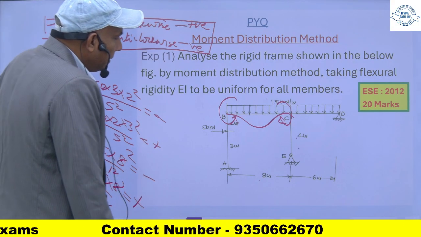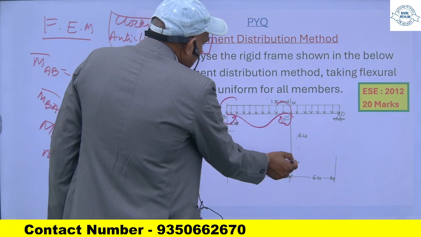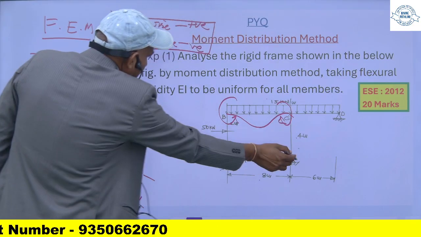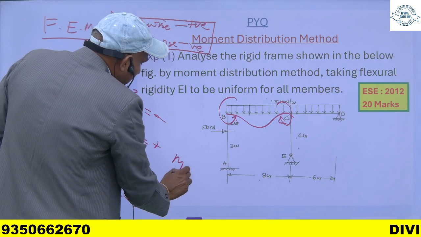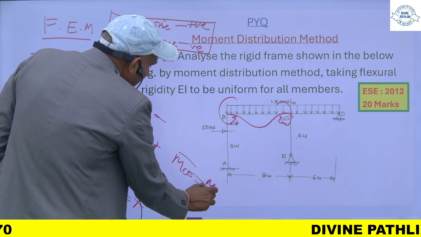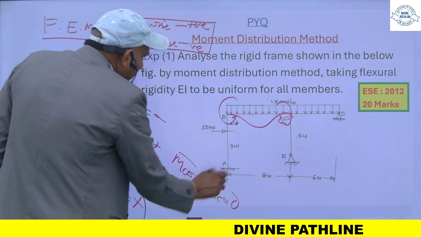Similarly, for this member CE, no load is acting, so MCE is equal to MEC is equal to 0.